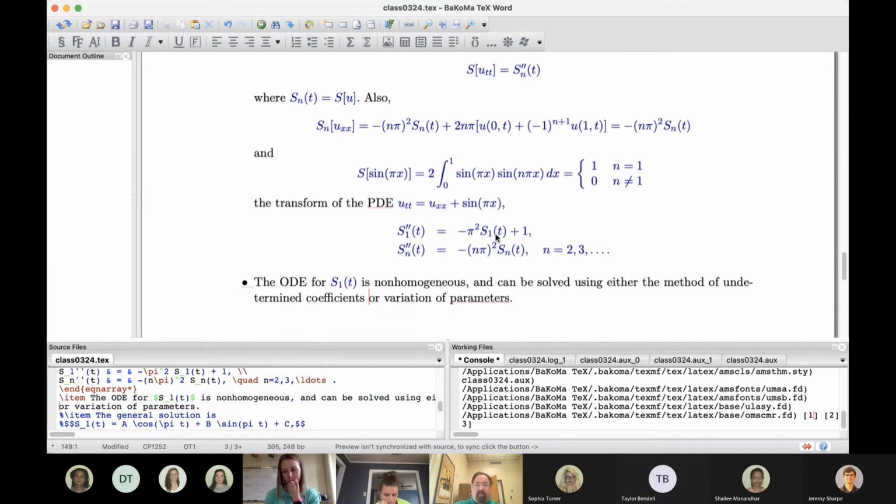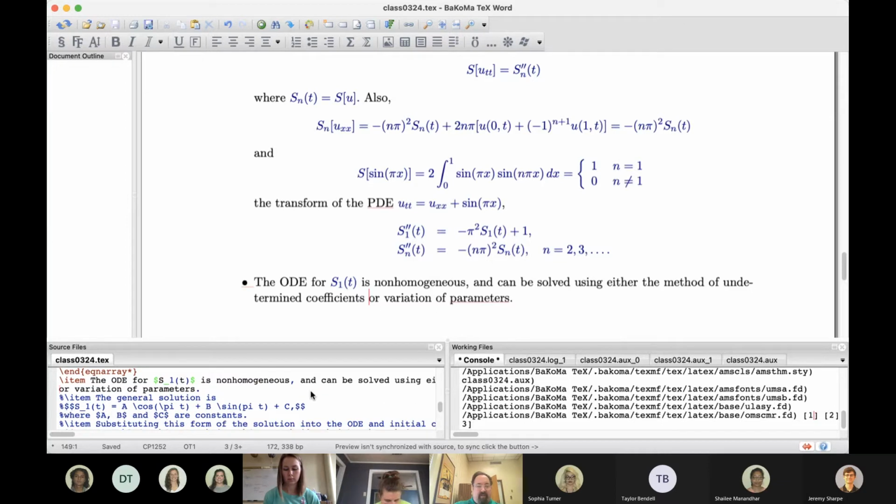Now, this ODE is non-homogeneous. There are methods you learn in your first ODE course, like undetermined coefficients or variation of parameters, to solve this. The other case is simpler because it's a homogeneous ODE. In both cases, you would use methods like the characteristic equation and its roots.